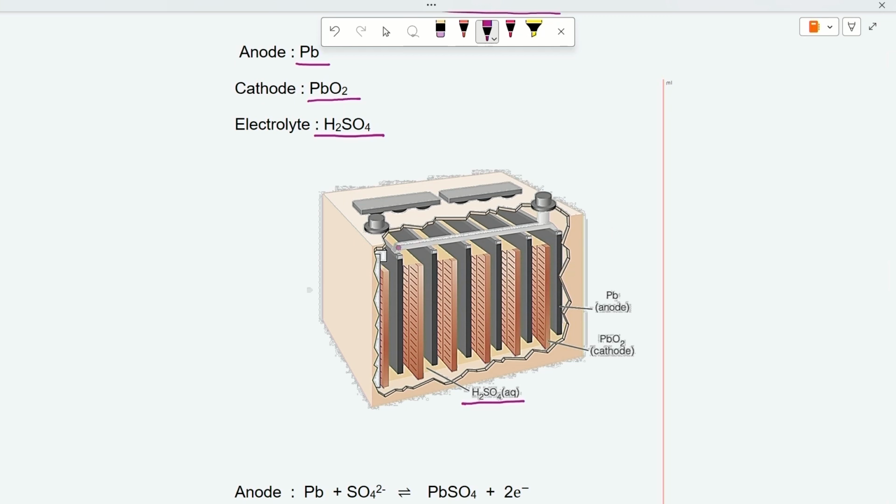Just note that the lead plates are connected together, and you get one terminal. The lead dioxide plates are connected together, and we have the cathodic terminal. We know that the anode will be the negative terminal and the cathode will be the positive terminal.